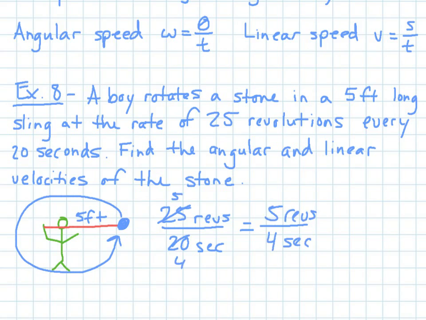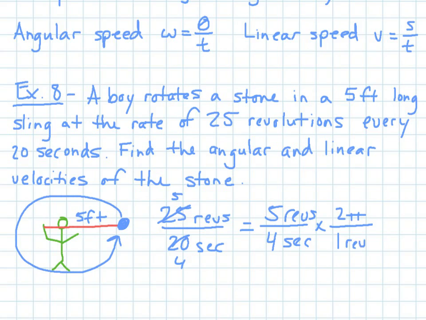Now if you want to change that to radians, remember you have to use your conversions, but this conversion is a little different because you're not changing from degrees to radians, you're changing from revolutions to radians. So remember, once around is 1 revolution, and once around in radians is 2 pi. So I would use 2 pi over 1 revolution.